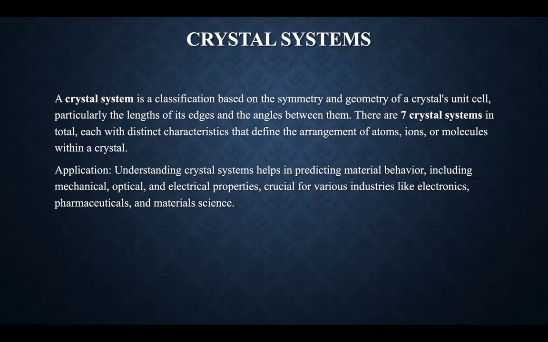Understanding the crystal system helps in predicting the behavior of materials, including the mechanical, optical, and electrical properties. These are crucial for various industries like electronics, pharmaceuticals, and material science.